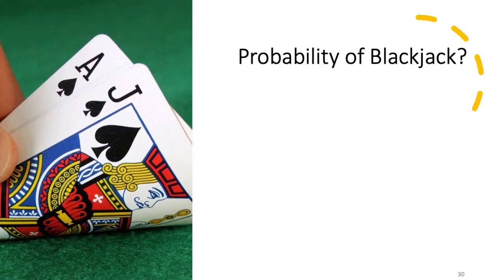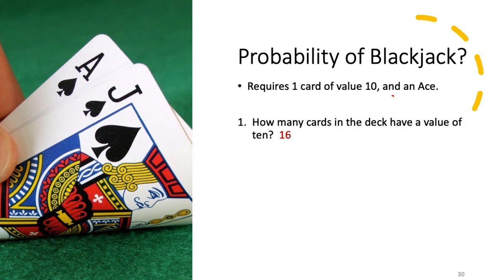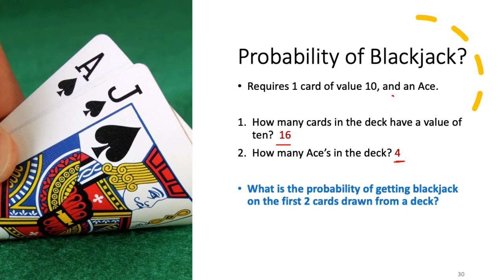Probability of blackjack. What does blackjack require? Blackjack requires one card of value 10 and an ace. First, how many cards in the deck have a value of 10? There are in fact 16 cards, the 12 face cards and the 4 cards with the value of 10. Second, how many aces in the deck? Well, there's 4 aces in the deck. So what is the probability of getting blackjack on the first 2 cards drawn from the deck? So this is like taking a fresh deck of cards, not like a regular blackjack game.